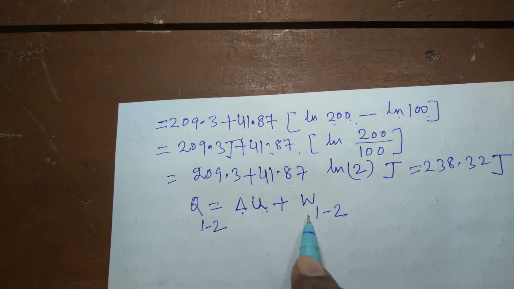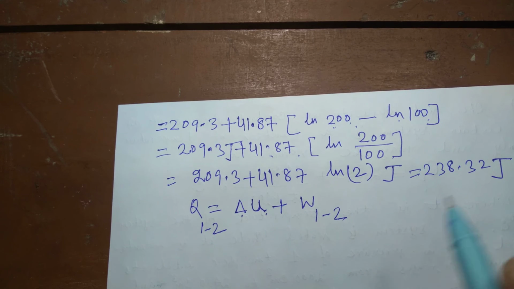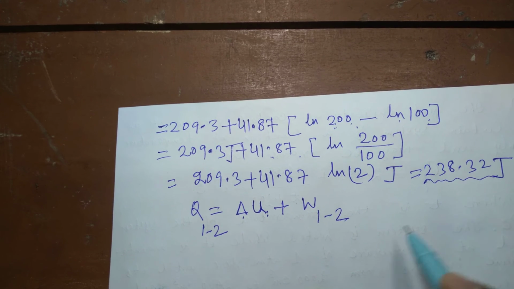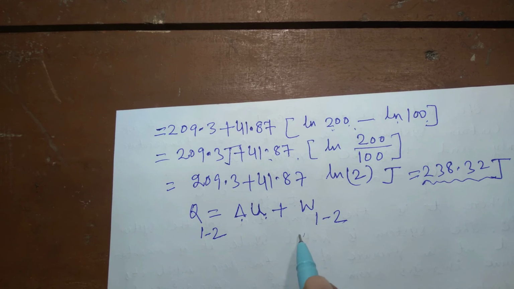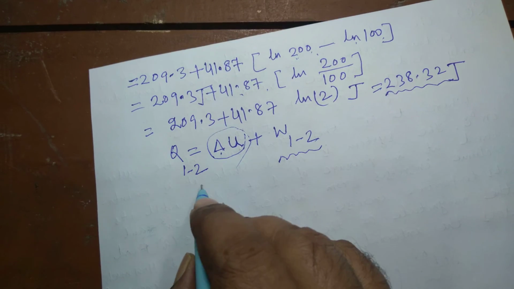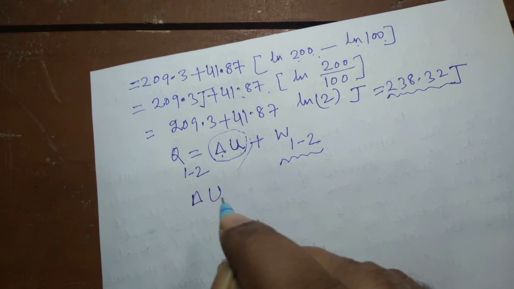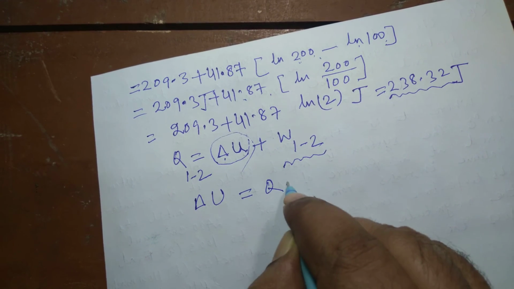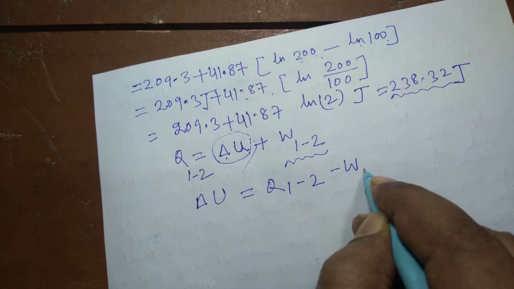Heat transfer has been calculated and is found to be 238.32 joule. If we can calculate the work transfer during that process, then we can easily find out the change in internal energy. So delta U is equal to Q12 minus W12.